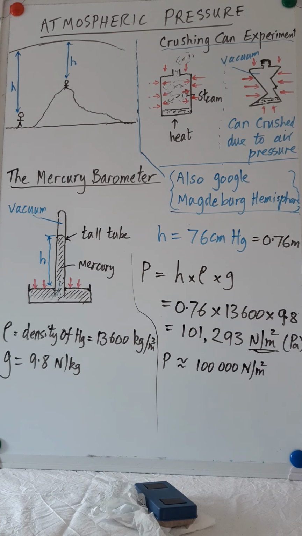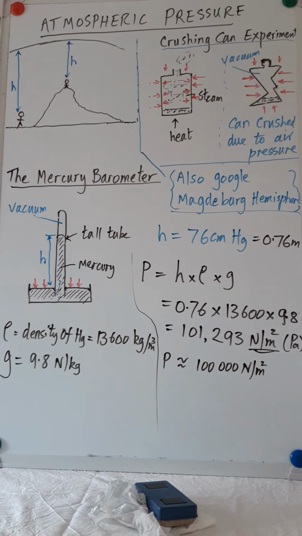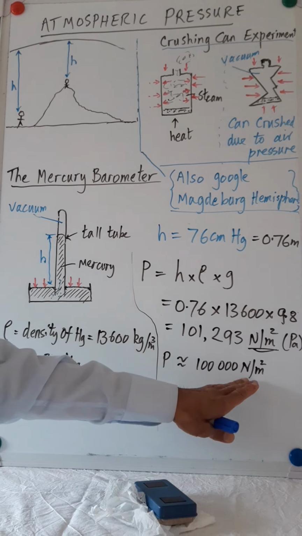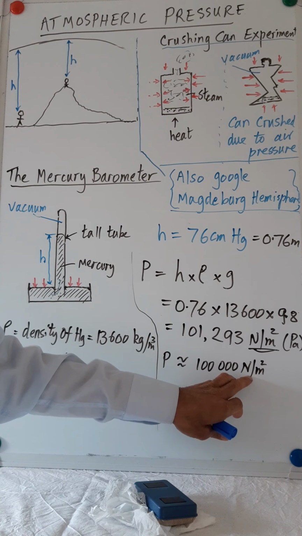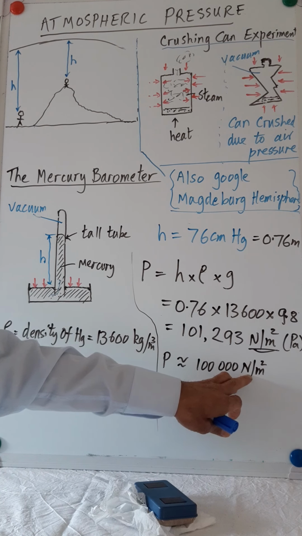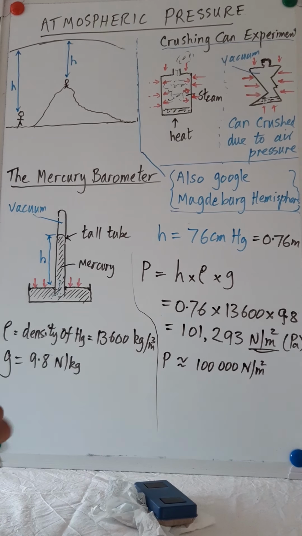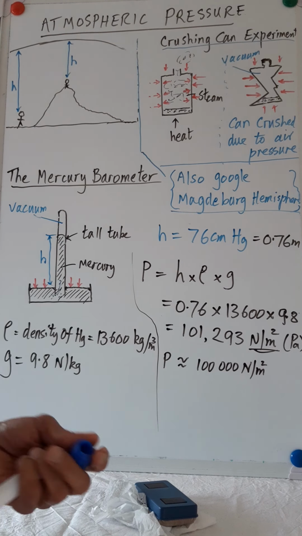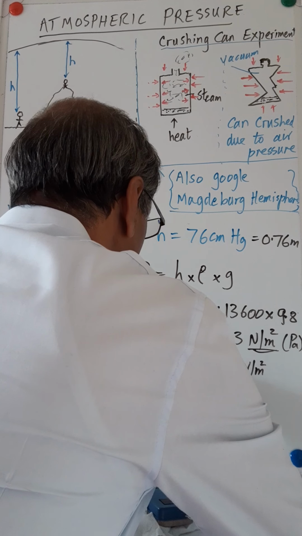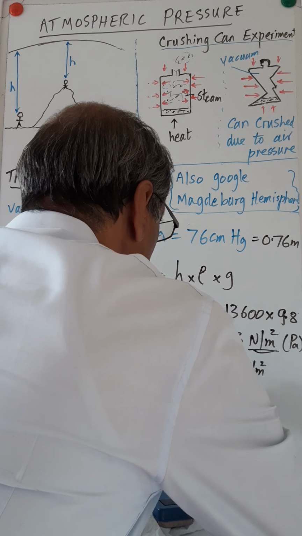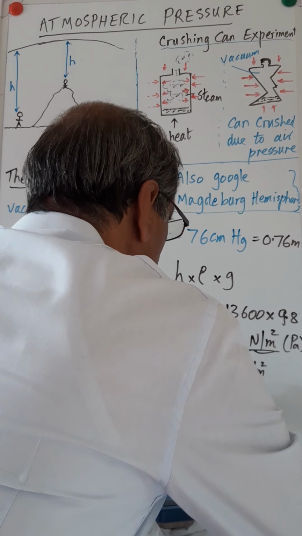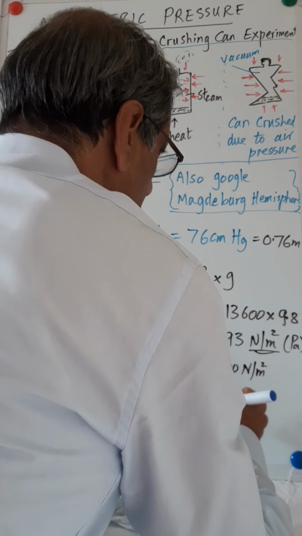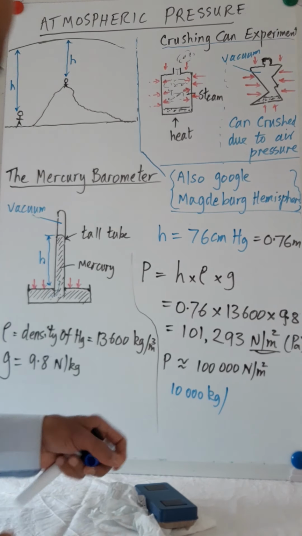Now, remember newtons per square meter. If I want to convert that into kilograms, if I divide this by 10, that is the same as 10,000 kilograms.